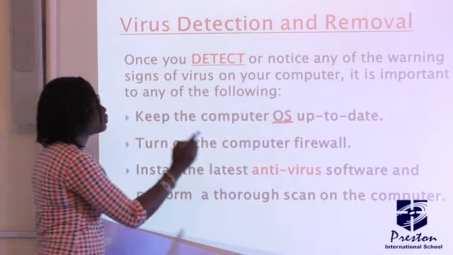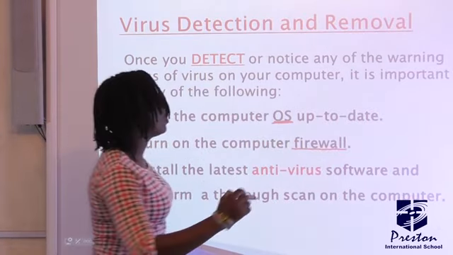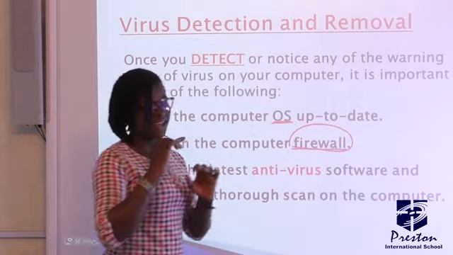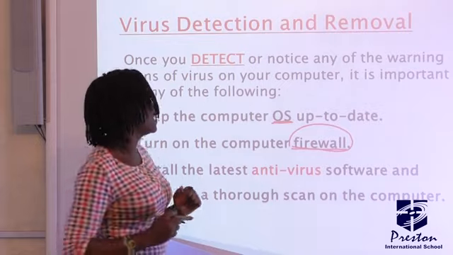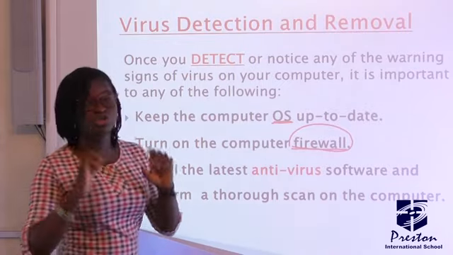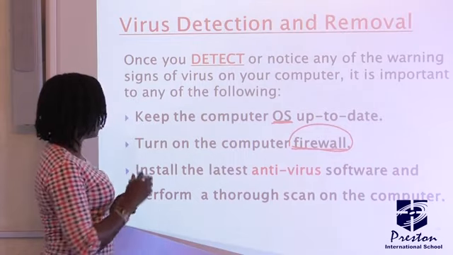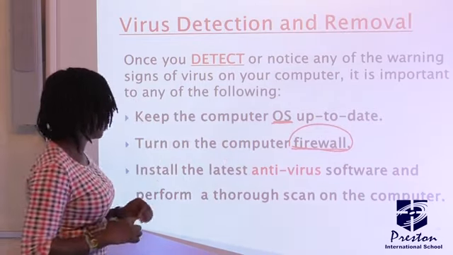Turn on the computer firewall. What is a firewall? A firewall is network security that guards against untrusted connections on your devices. So you have to make sure your computer network firewall is in good condition.